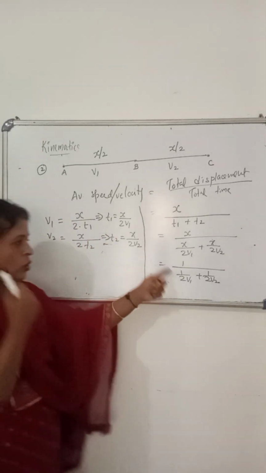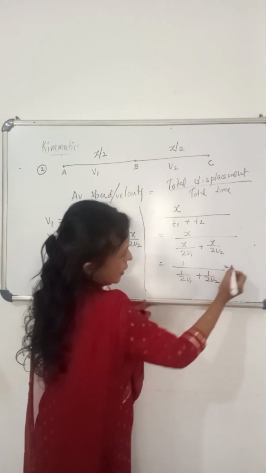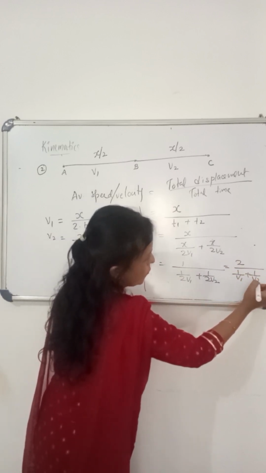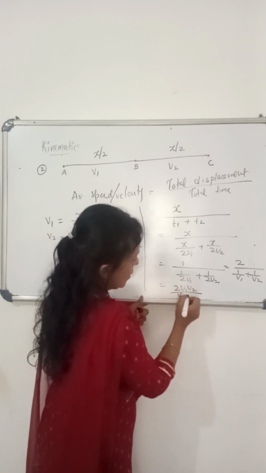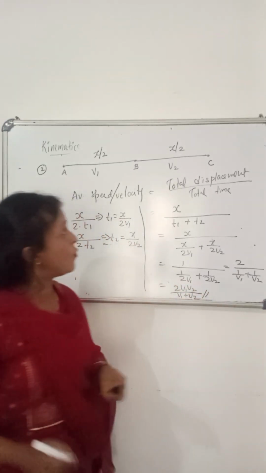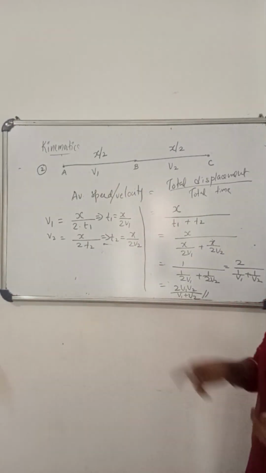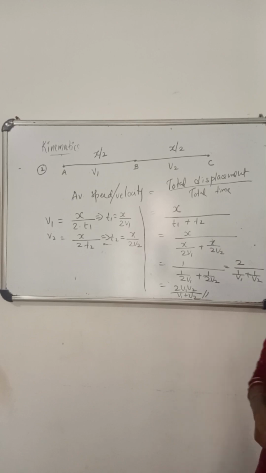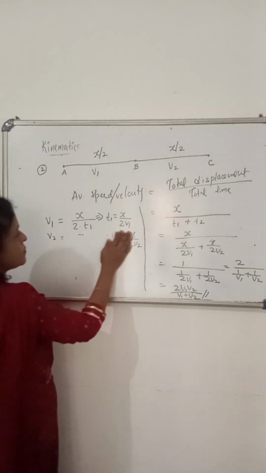Then we can take the 1 by 2 out, so 2 divided by 1 by v1 plus 1 by v2, which is equal to 2v1 v2 divided by v1 plus v2. This holds for both average speed as well as average velocity. If these are the half distances, then these are the equations. Next problem.